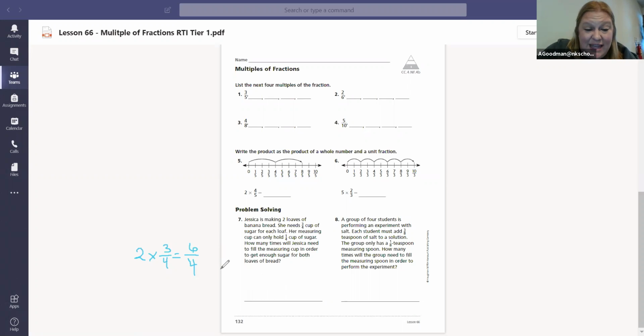So that's the same as 6 times 1/4. My question says, how many times will Jessica need to fill the measuring cup in order to get enough sugar for both loaves of bread? She needs to fill it 6 times. All right, I think you can do the other one.